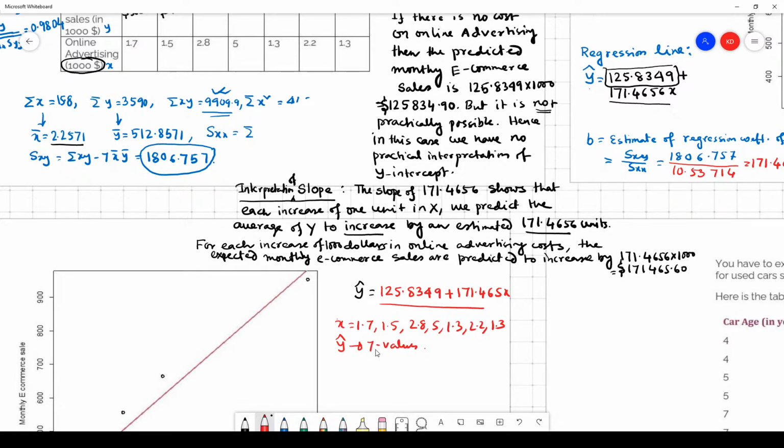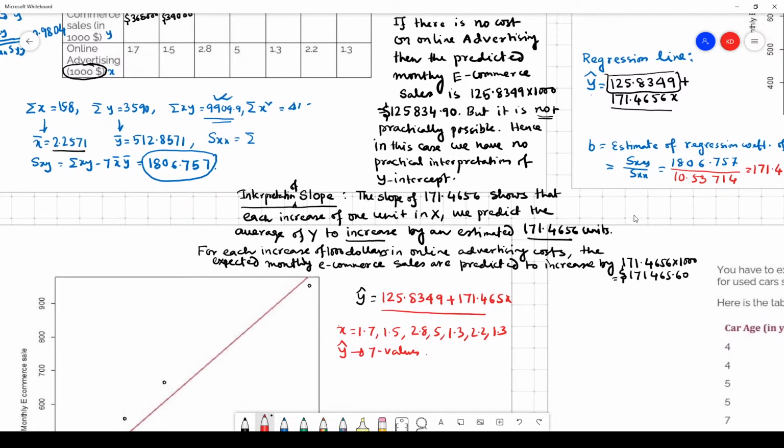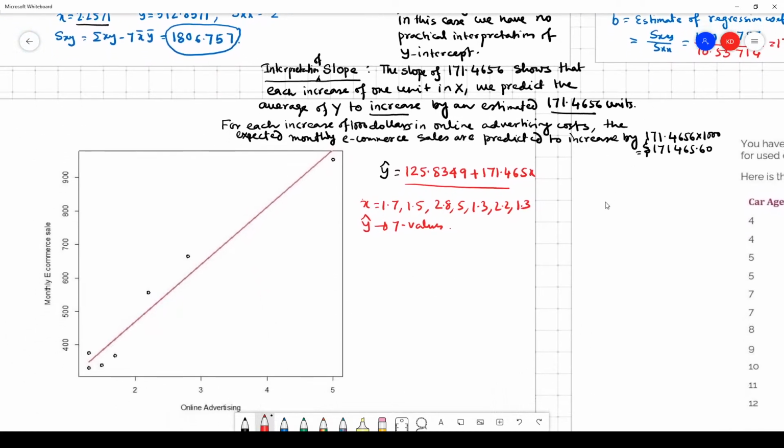So y hat. Now, if you look at this graph, these points are the observed values, and I draw this straight line on the basis of these equations. So this straight line implies y hat equals 125.8349 plus 171.465x.